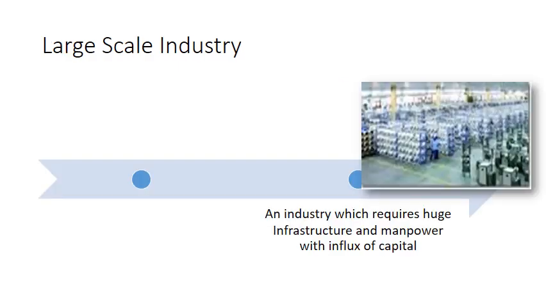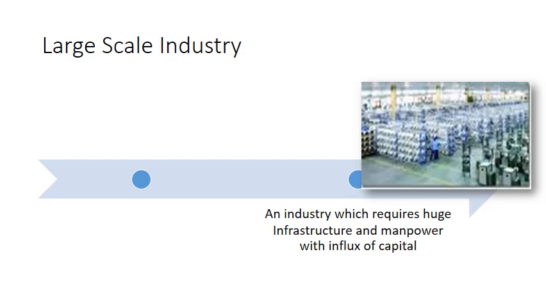Now let's move towards the large scale industry. A large scale industry is an industry which requires huge infrastructure and manpower with influx of capital. It employs a huge amount of manpower as well as a huge amount of capital, and it produces a huge amount of goods.